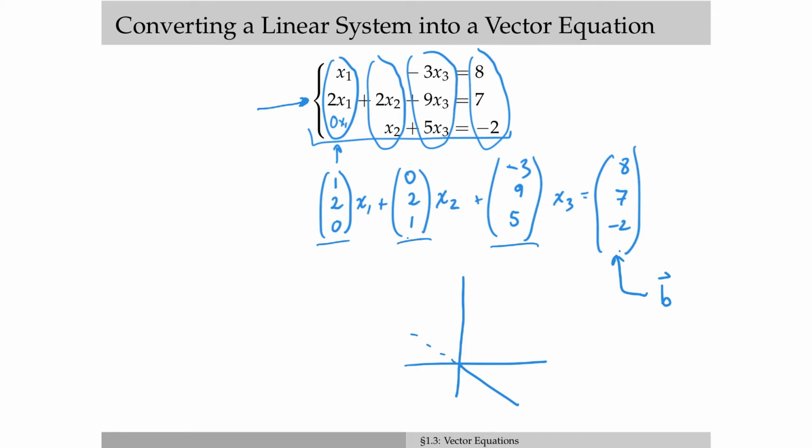Some vector, say sitting here, this is my B, and I'm saying if I were to draw these three vectors in the 3 space here, would some sum of them, where x1, x2, and x3 are scalars, get me to B? In that same way, I need to find x1, x2, and x3, so that when I take this sum, I will get that particular vector.